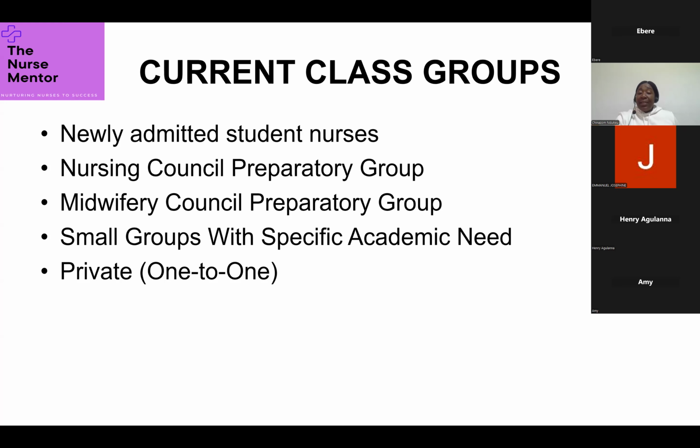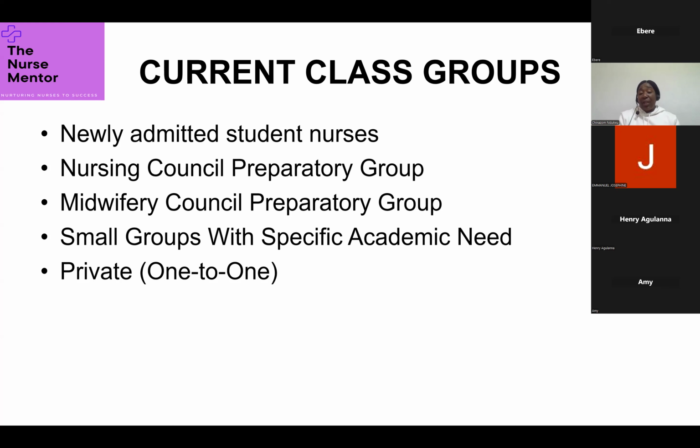And then aside from the group classes, we're going to have small groups. Like if you have a friend and you can organize yourselves, maybe you have a problem with understanding pharmacology, just as an example, it won't be less than 10 for us to have those small groups. You have to be up to 10.